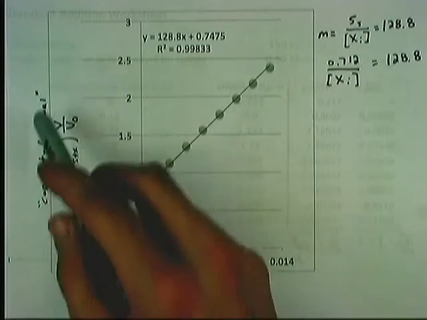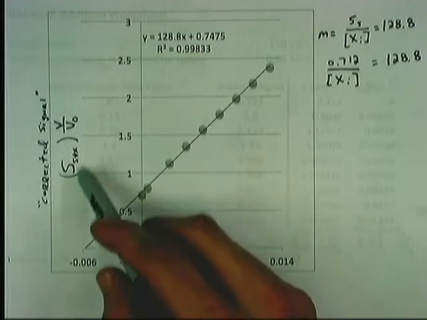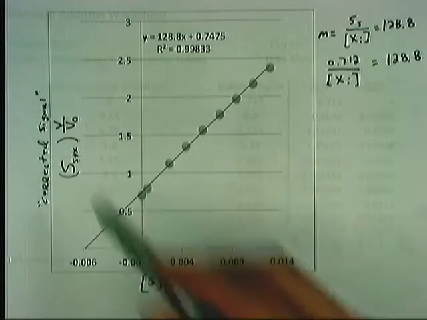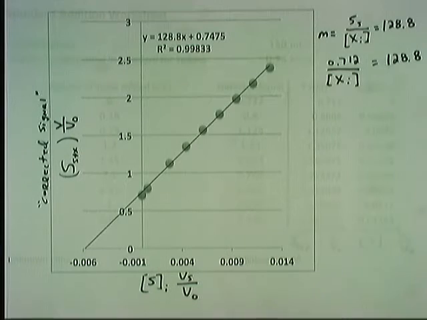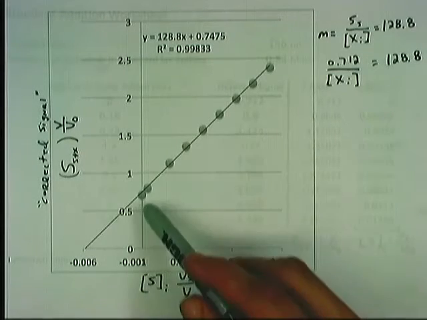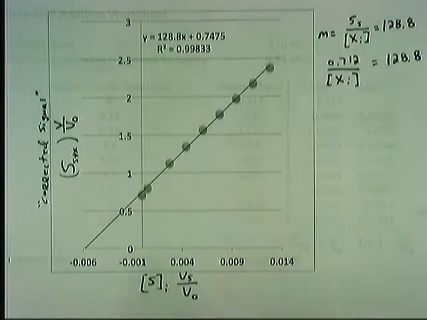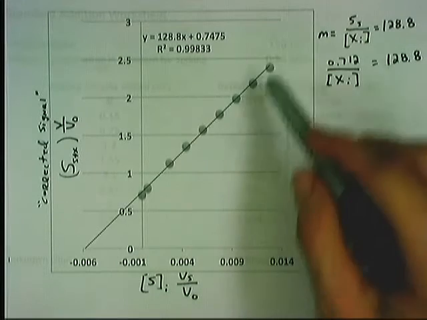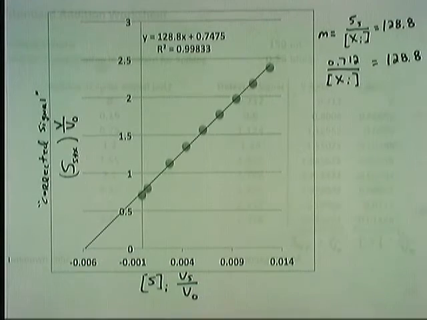My Y is that corrected signal. It's the signal that was observed times this dilution ratio of volumes. Okay? I can then, after I plot all of my points in my data set, add a best fit line through the linear least squares process. There's another video on that. I didn't do that here. I just use Excel, but it uses those same equations, that same approach.